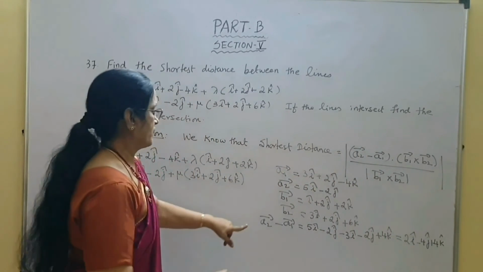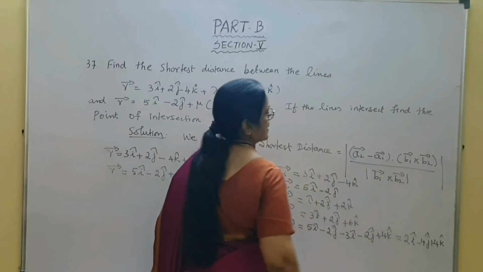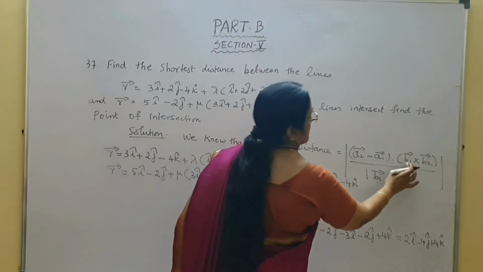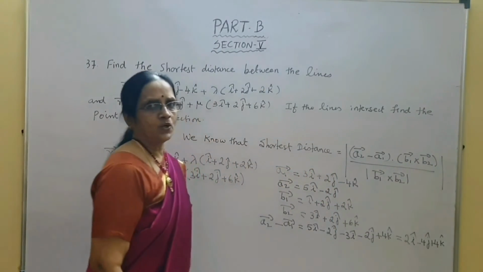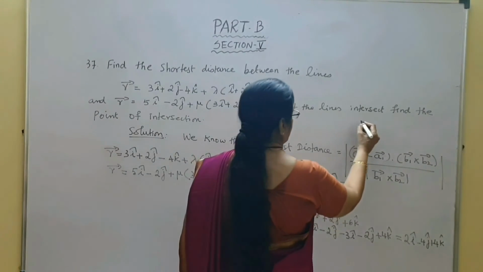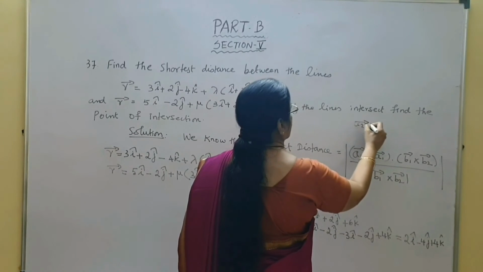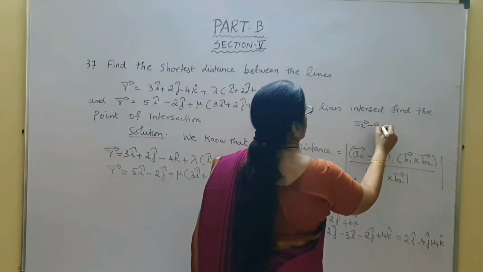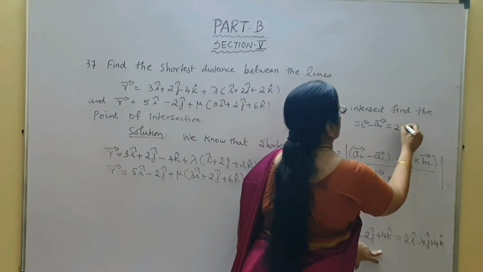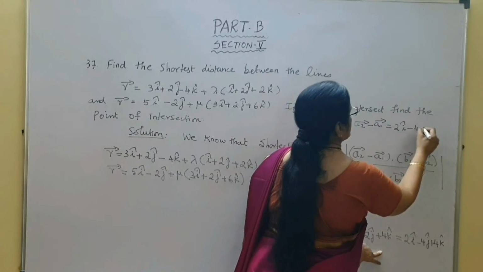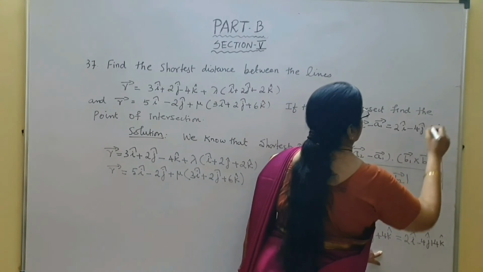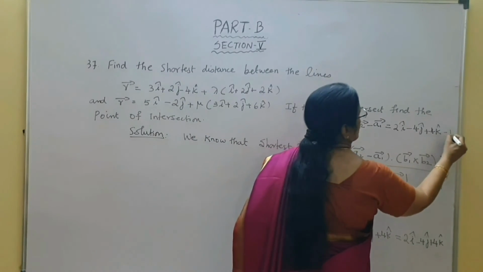So this is what I am getting for A2 vector minus A1 vector. Now my aim is to find out what is B1 vector cross B2 vector. So let me make a note of it. I am getting A2 vector minus A1 vector as 2i cap minus 4j cap plus 4k cap. Let me name this as 1.